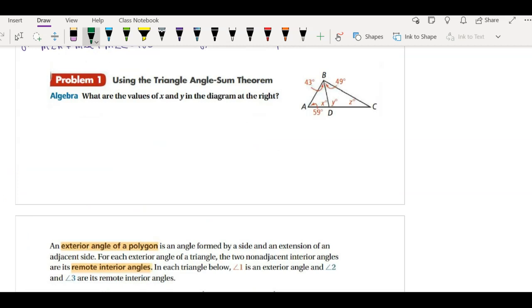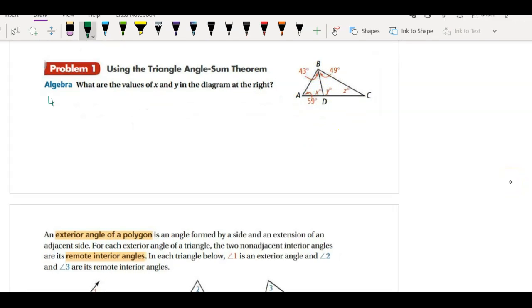Okay, so on this problem, they're asking us to find the values of x and y, and we're going to go ahead and find z also. So we've got one large triangle and two smaller triangles. Let's look at triangle ABD.